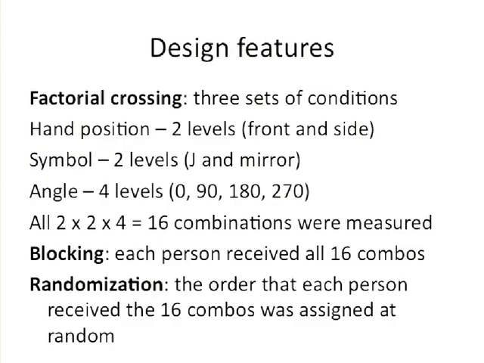So we had 2 hand positions, 2 symbols, 4 angles, total 16 combinations. We blocked on people, so every person got every single condition. And we randomized. Each person got them in a different order. Those are the three design structures and how they can each lead to very different kinds of experiments.